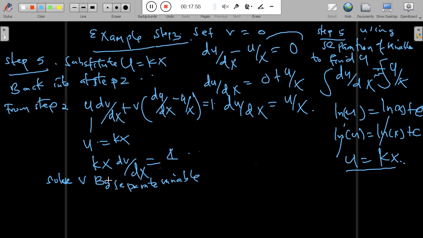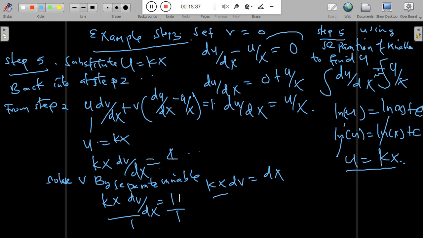This will be equal to kx times dv over dx is equal to 1. Let us divide by 1 both sides and cross multiply. So when we take out kx times dv, it will be equal to kx dv, which is equal to dx, since 1 and 1 will cancel. So we divide by x both sides, we will obtain k dv is equal to dx over x.